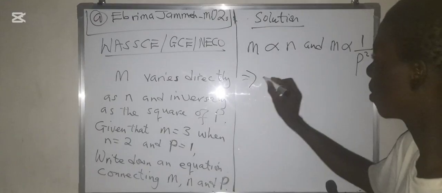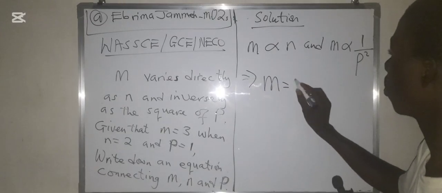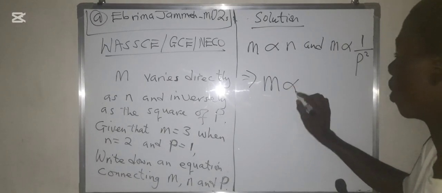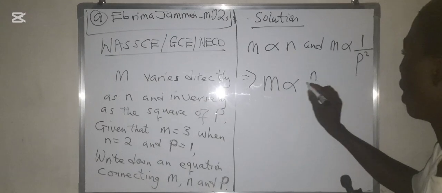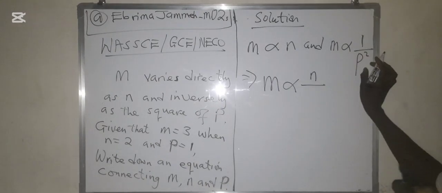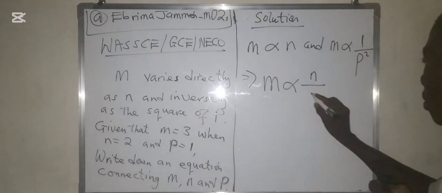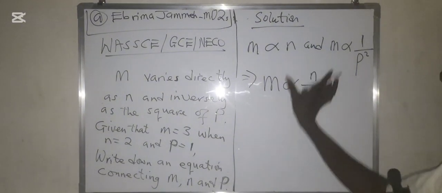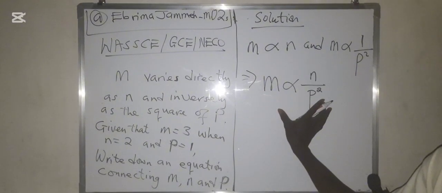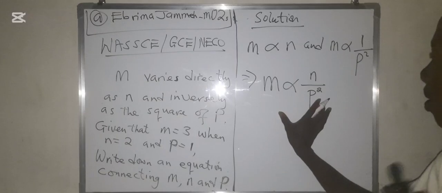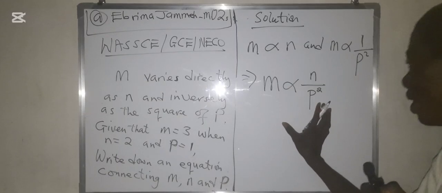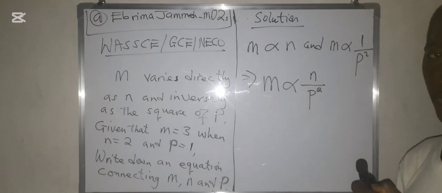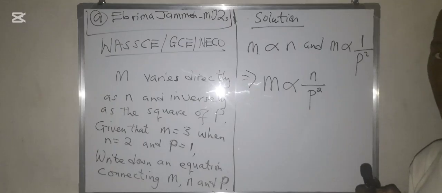This implies M is directly proportional to N and inversely proportional to the square of P. So this is a join of this. Now let's remove the proportionality sign.